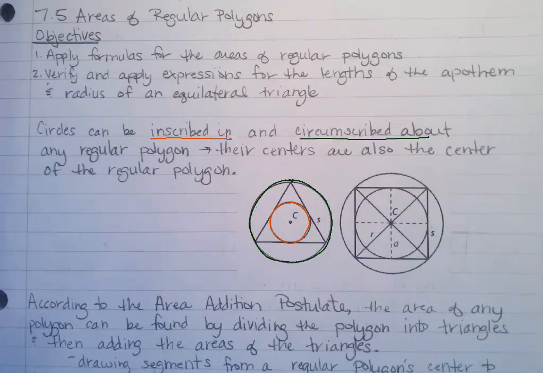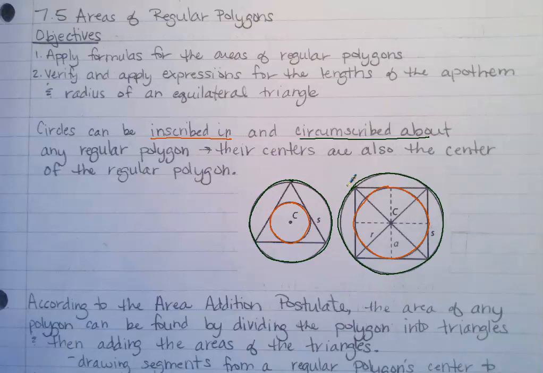Inscribed is inside, and circumscribed is outside, kind of like circumference, it's around the perimeter. Inscribed is in. Yep, you got it.